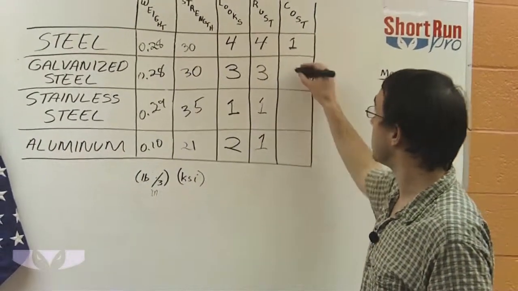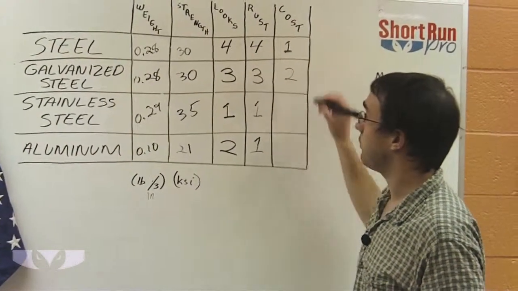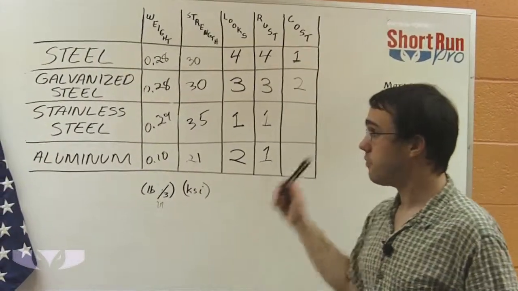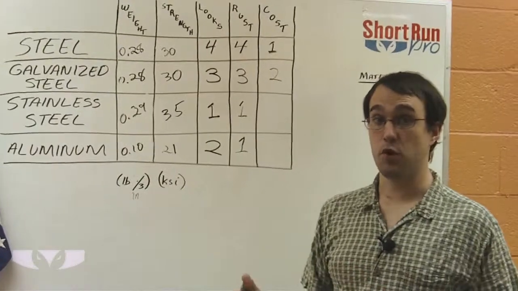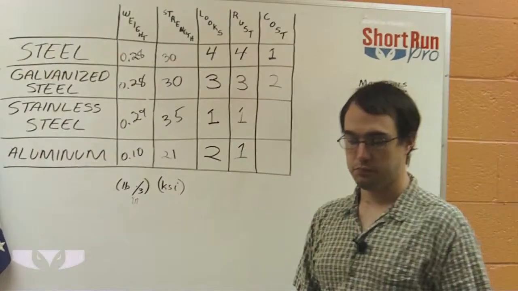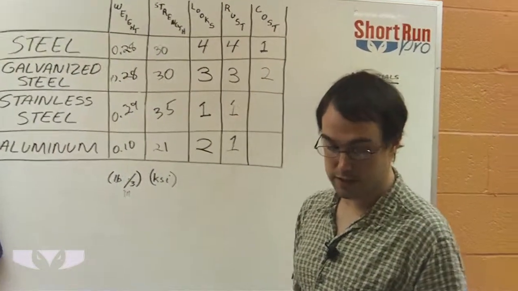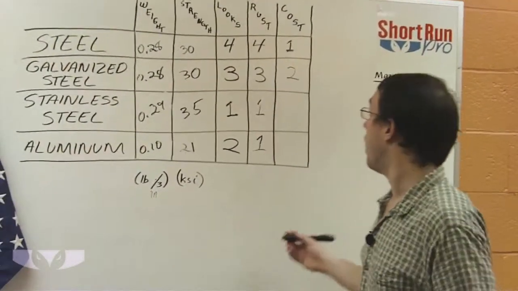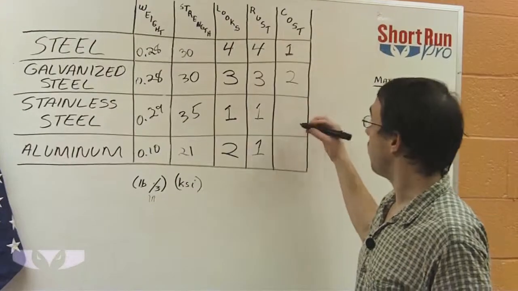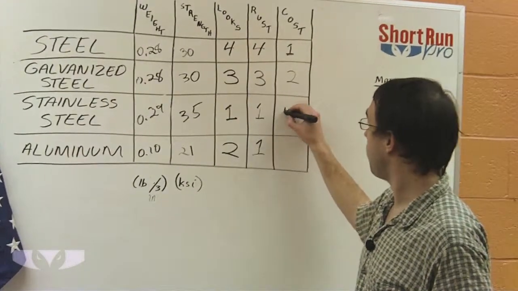Just a little bit more expensive than the steel is. Now, stainless steel gets much more expensive than galvanized steel, just because of the extra effort that goes into making stainless steel. So we're actually going to put that at 4.